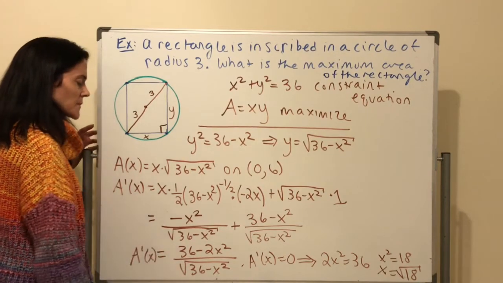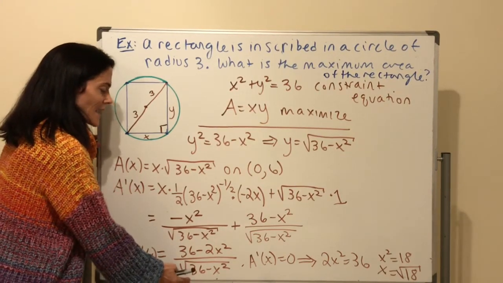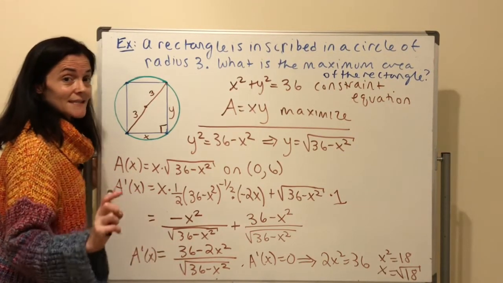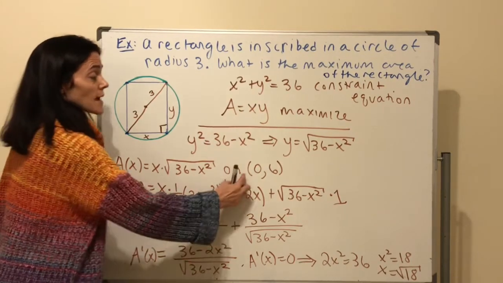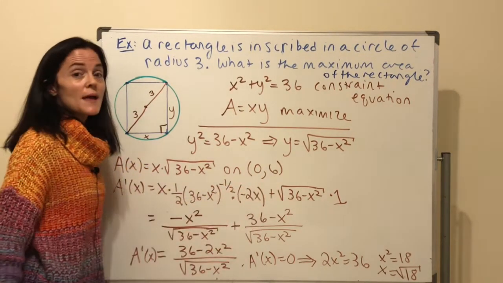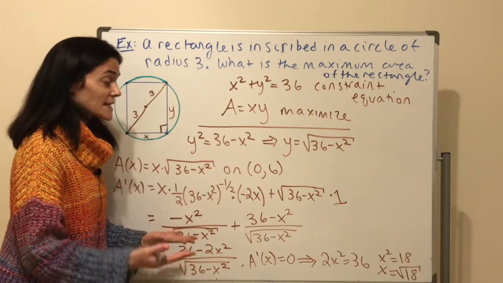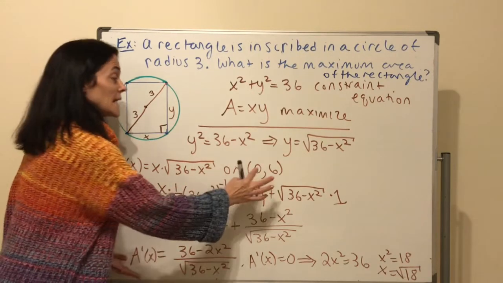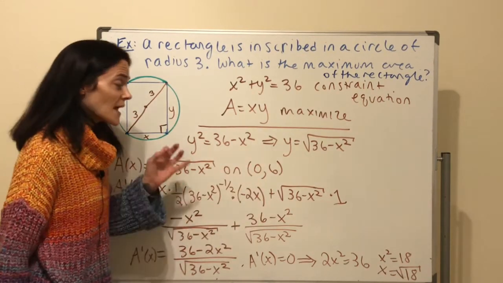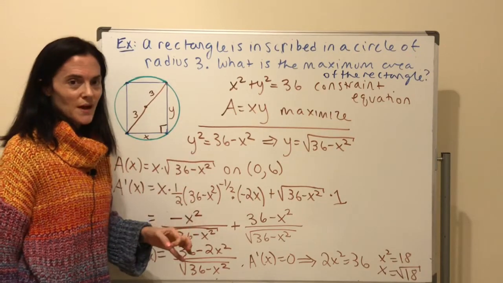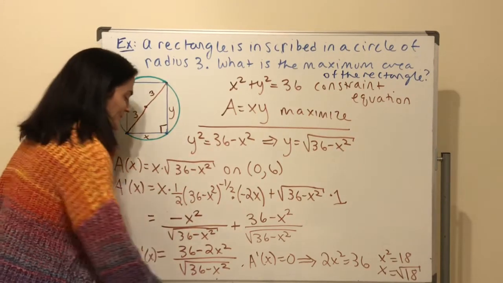Especially here, we have something in the denominator, but the only time the derivative does not exist is outside of this open interval. So I do in fact have only one critical point in the open interval, and that is x is the square root of 18.